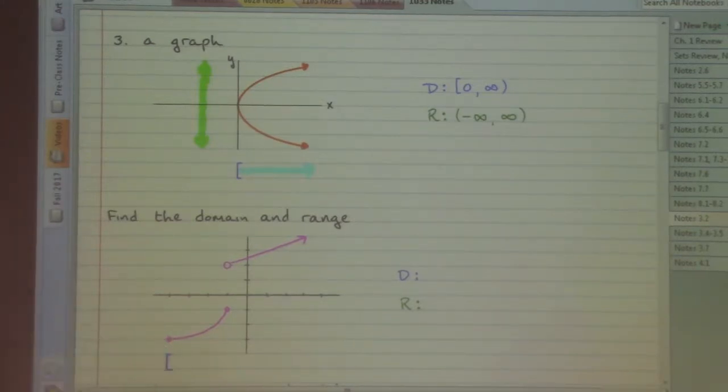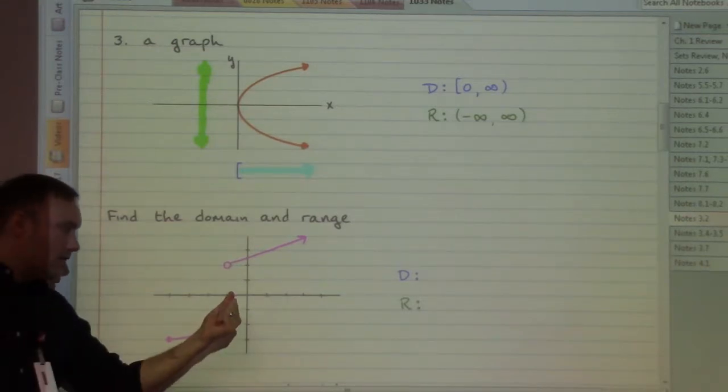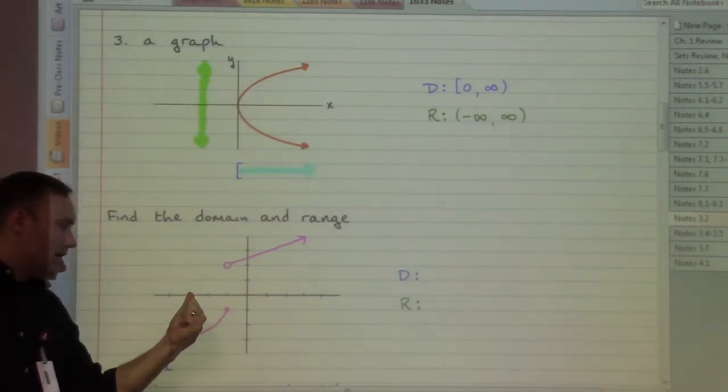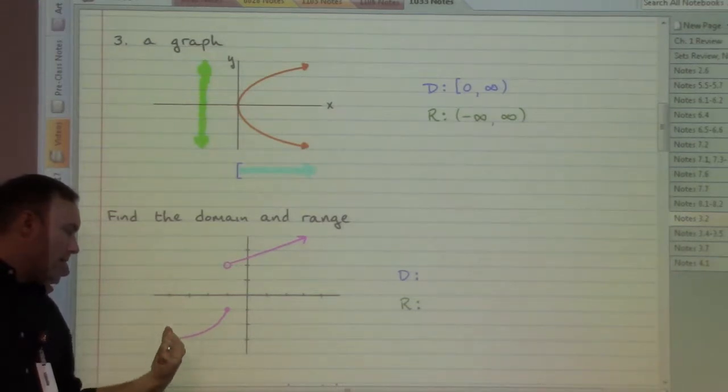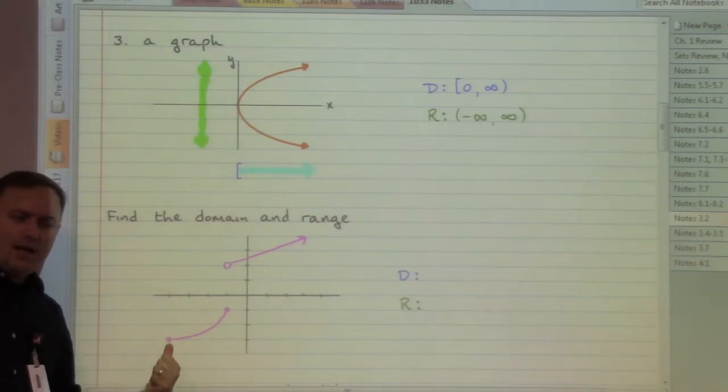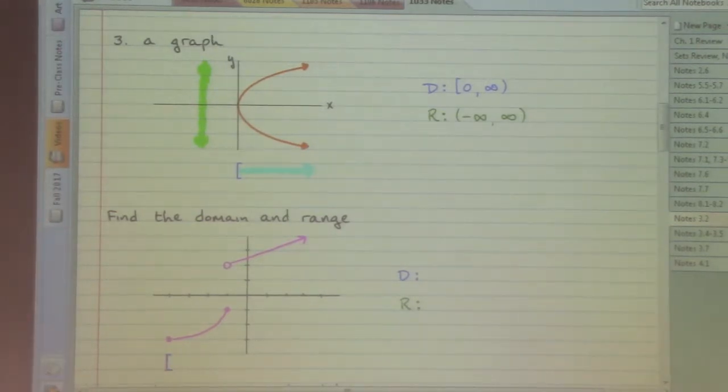According to my labels, since I don't have any numbers, I'm going to just assume that these go by 1. So moving to the left, -1, -2, -3, -4. There isn't anything further to the left than the -4. So that's where my domain is going to start.